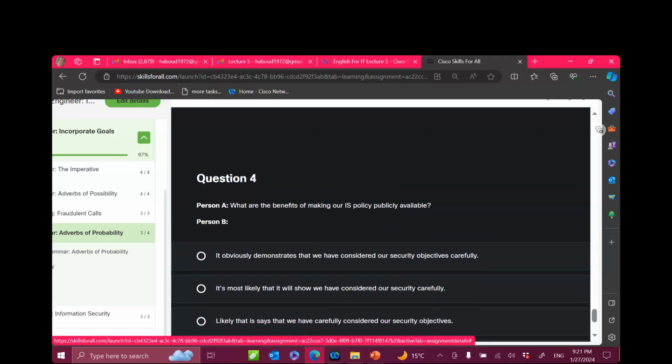Question 4, person A. What are the benefits of making our IS policy publicly available?